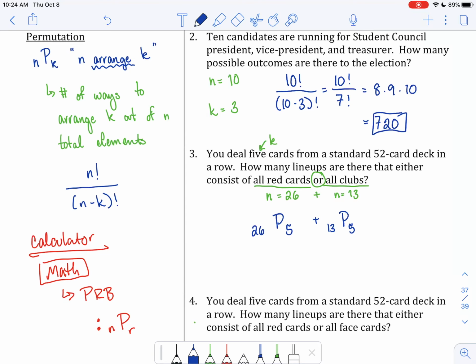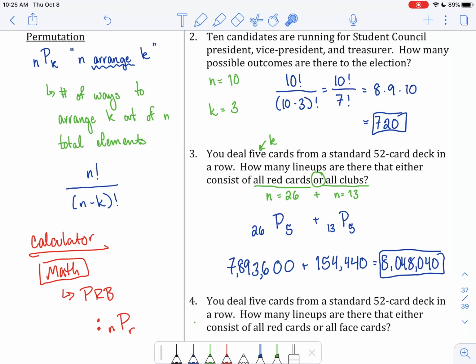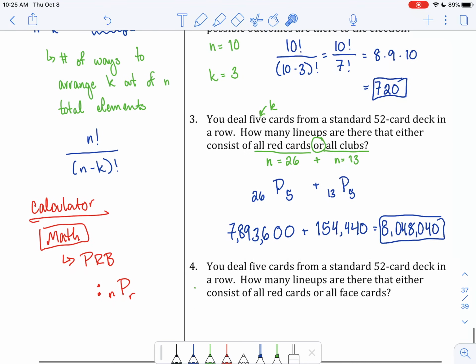So use your calculator, plug those in, and we get for the first that there are 7,893,600 ways to have all red cards, and 154,440 ways for just clubs, which gives us the total of 8,048,040 possible lineups. Now, as I mentioned here, these are really easy to add together because it's either all red or all clubs. There's no overlap.